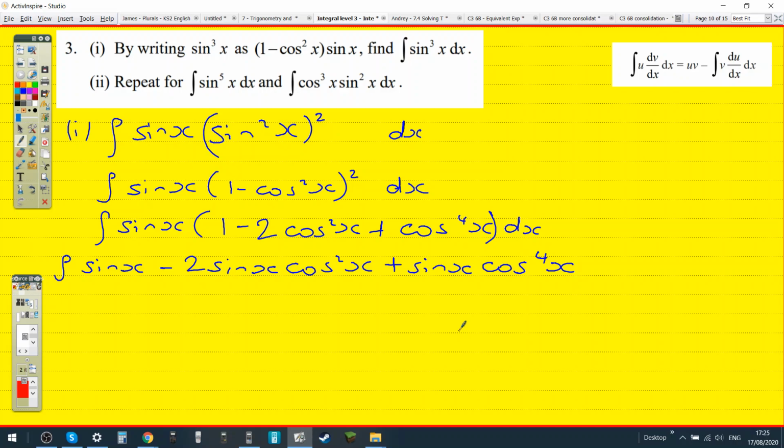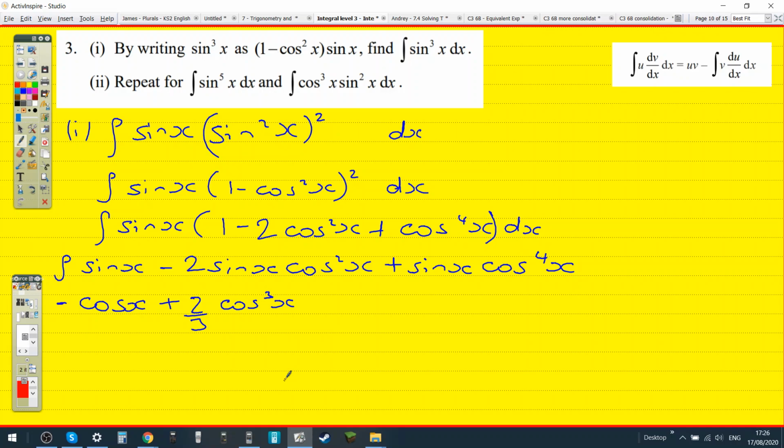And then sine x integrated gives you minus cos x. 2 sine x cos squared x would just be 2 times the integral, so it would be 2/3 cos cubed x. And then I don't know what the last one would be.